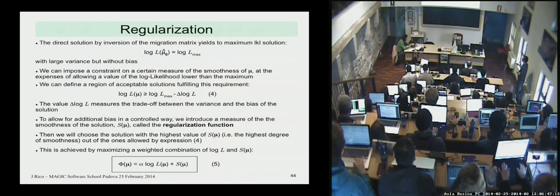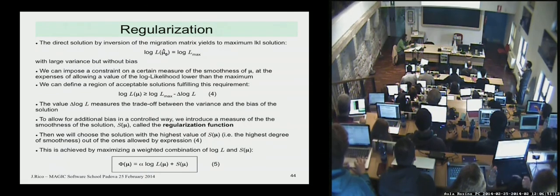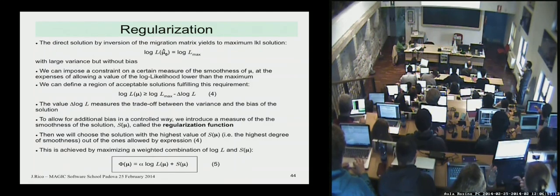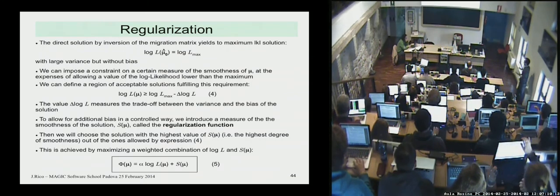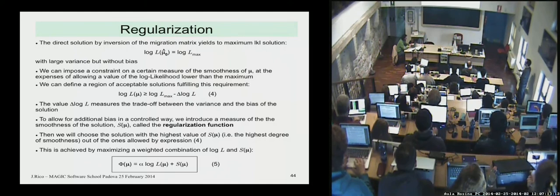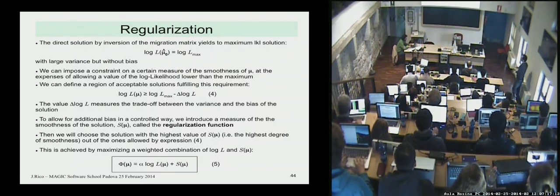And then to control the bias in the way we want, what we do is to maximize not only the likelihood, as in this expression here, but the likelihood plus some other function that we call the regularization function. And this other function is normally a certain measure of the smoothness of the solution, or a measure of a certain property of the solution that we want to impose, no matter what it is.